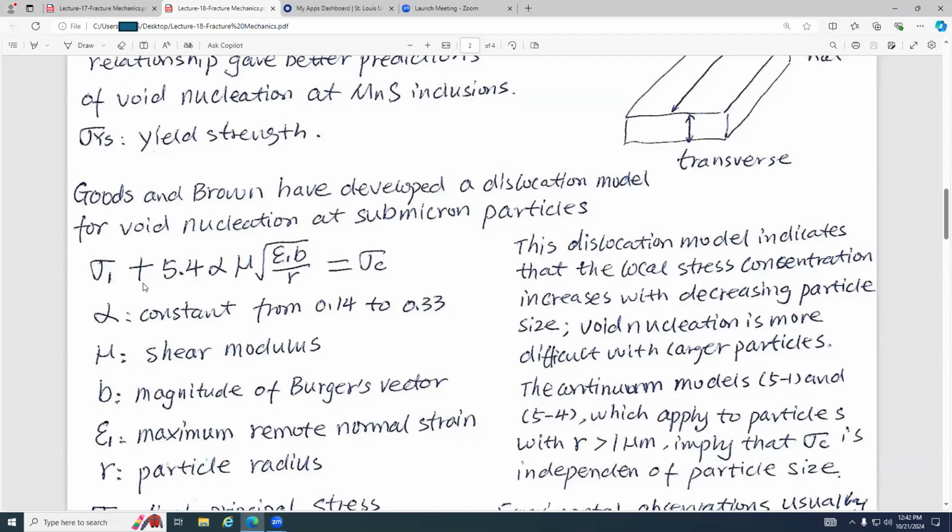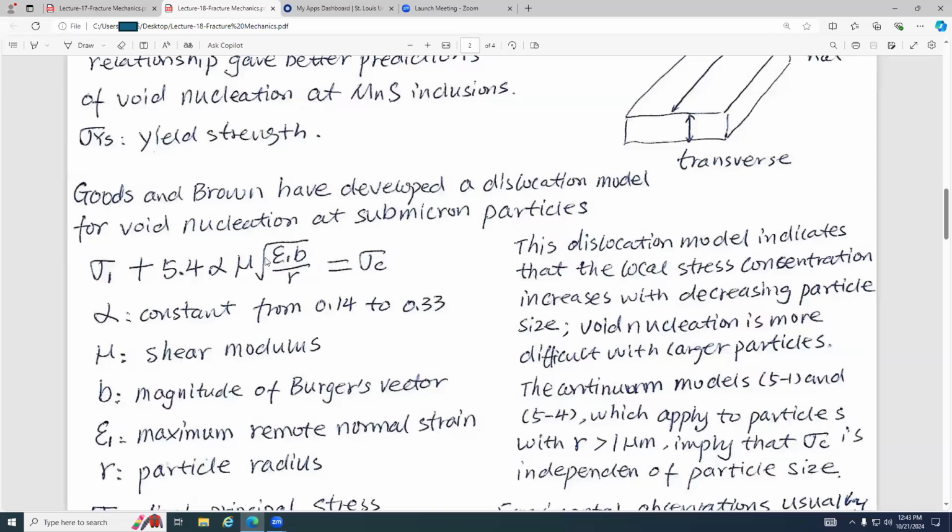For 3D, we have sigma 1, sigma 2, and sigma 3. Sigma 1 is the largest one, sigma 3 is the smallest one, and sigma 2 is the intermediate one, algebraically speaking.